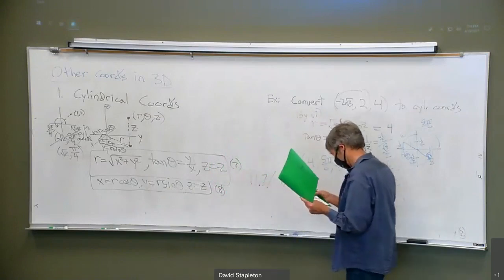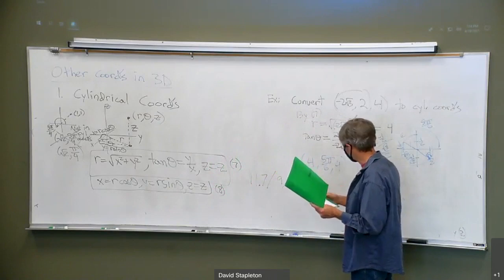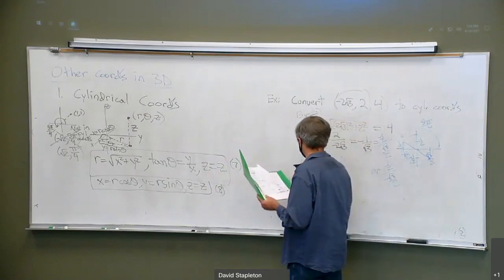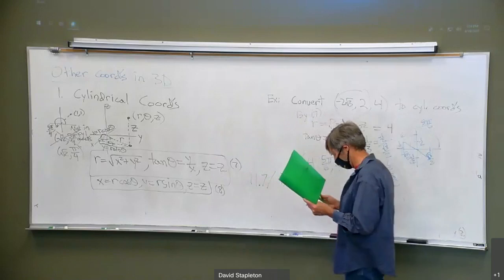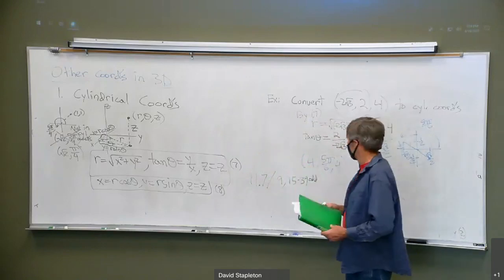Try those. Oh, it's just 15 to 39. I'm looking at the other one. Sorry, I've got 4 lines. Problem 9 and 15 through 39 odds. That's it. See you next time.